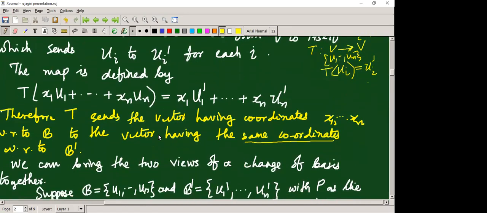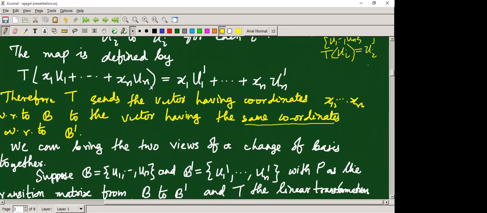It can be used as a linear transformation, and these coordinates are related in this way. So you can define a linear transformation such that T of ui is equal to ui dash. What is T? T sends the vector having coordinates x1, ..., xn with respect to B to the vector having the same coordinates with respect to B dash.